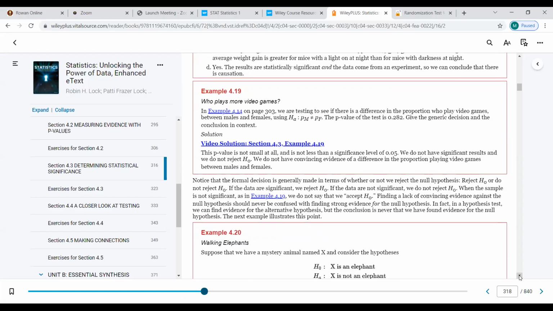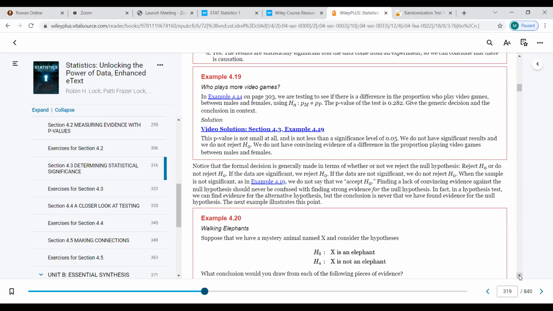And here's an example of the proportion who played video games, right? Remember that one? When we did our randomization test for this particular problem, the one where we were looking at males and females in video games, I came up with a p-value of 0.314.